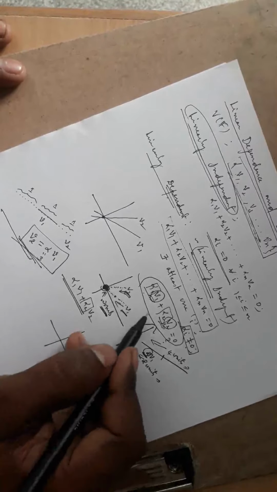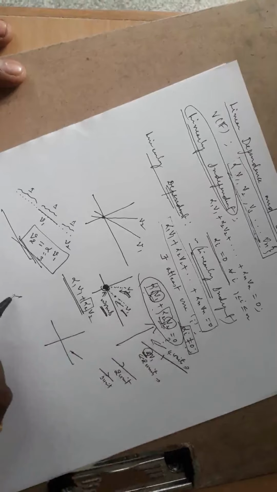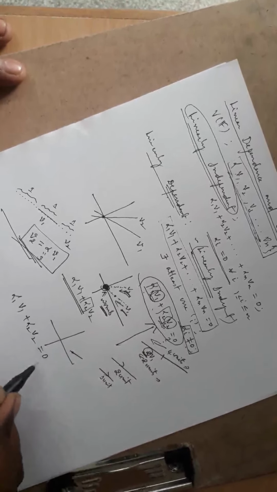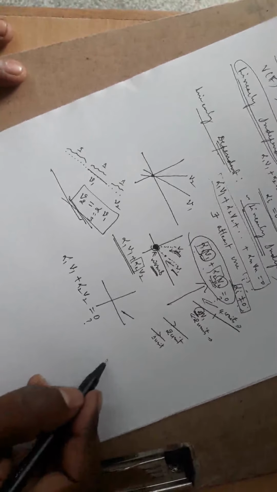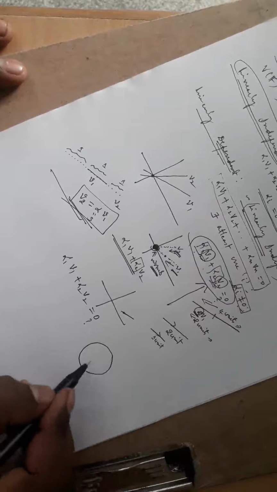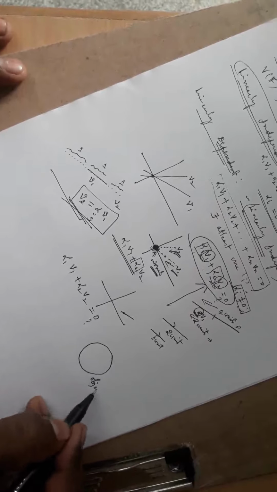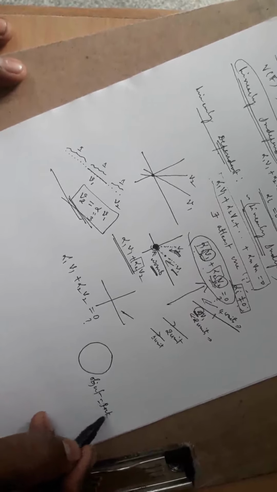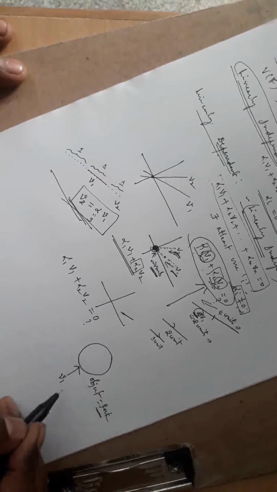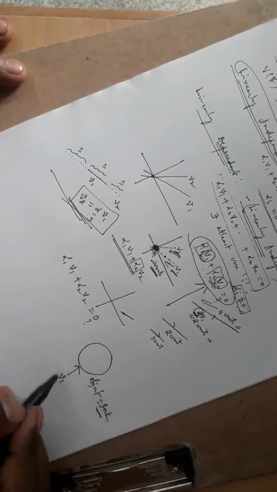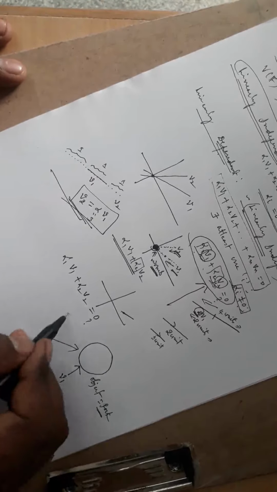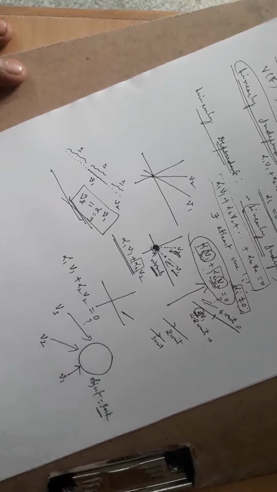I said I was explaining the physics view of this. What is the meaning of alpha 1 V1 plus alpha 2 V2 is 0? Let us assume this is an object, or consider it's some rock, and some people: V1 is one fellow who is pushing it, V2 is another fellow who is pushing it, and V3 is another fellow who is pushing it.